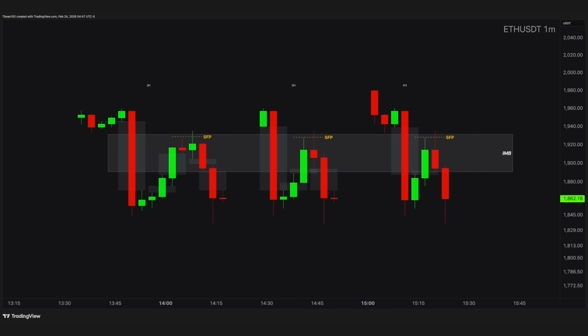And that area was also combined with multiple swing failure patterns lining up together. So by using our indicator, we quickly identified this zone, and then we used the price action concept called the swing failure pattern to further confirm and fine-tune our entry areas.